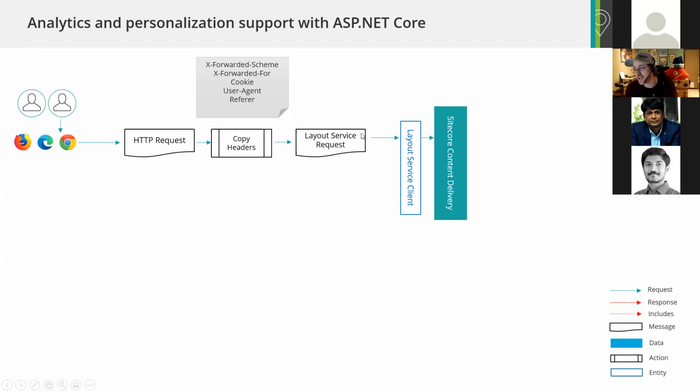And these are headers that Sitecore and xDB need for supporting analytics and personalization. So for example, x_forwarded_for is that header is going to include the IP address for GeoIP. It's going to copy any cookie values over, which would include the analytics cookie for identifying contacts and so on. It's going to copy the user agent, which is sometimes used in personalization rules, as well as the referrer, which is also sometimes used in personalization or analytics.